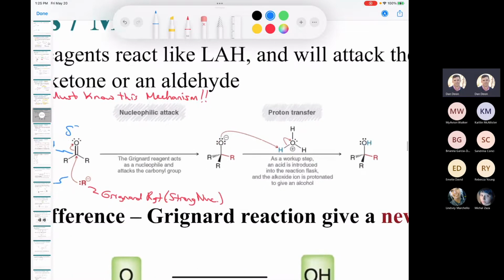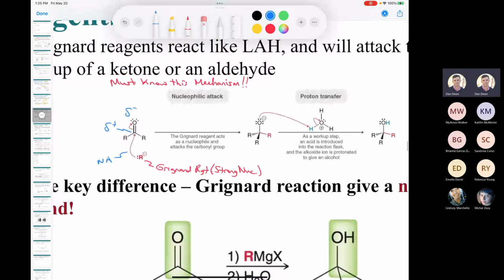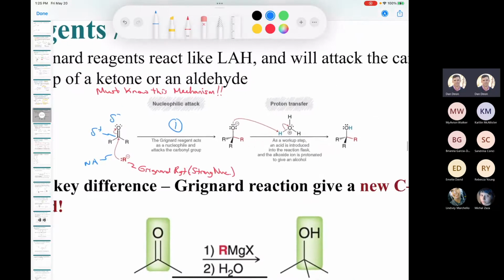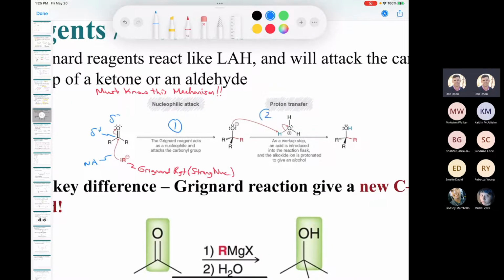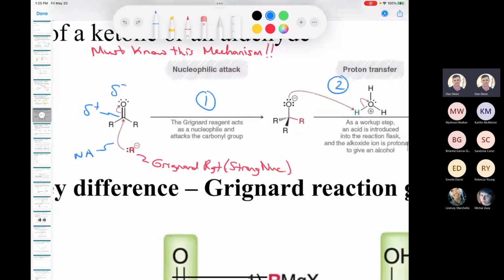Once we form the alkoxide, this is step number 1. In the second step, we treat it with water or aqueous acid, and that serves as a proton donor to make an alcohol. So why did Grignard win a Nobel Prize? He won a Nobel Prize because of this right here: when the Grignard reagent acts as a nucleophile, it forms a brand new carbon-carbon bond.